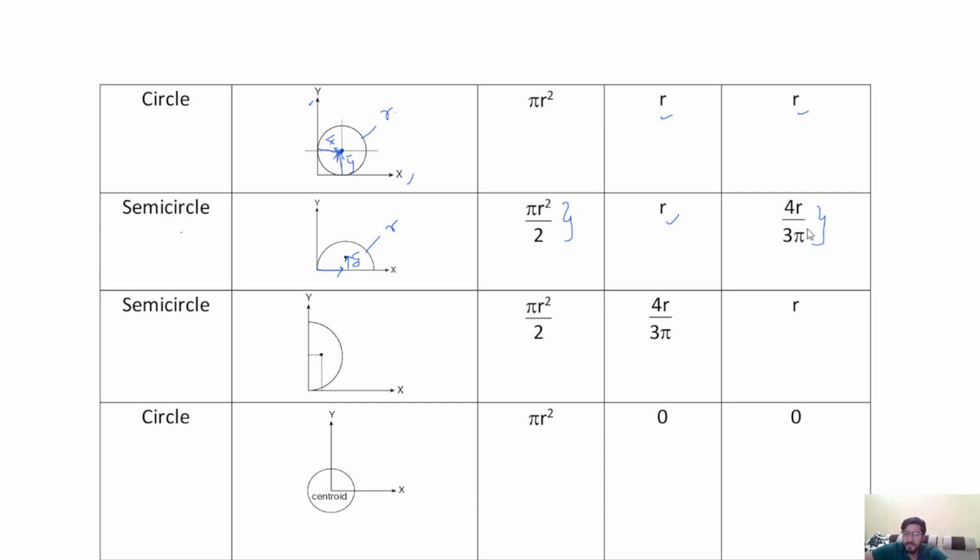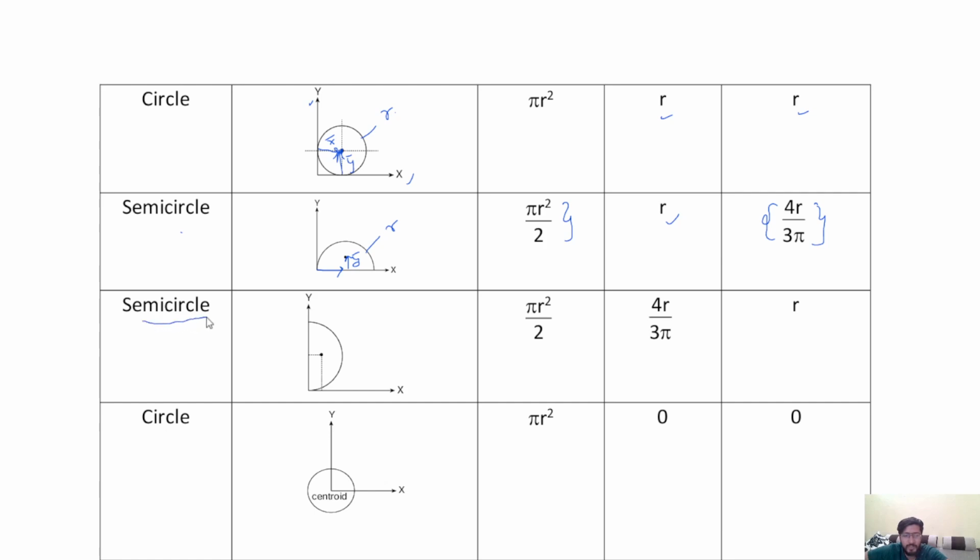This 4r by 3 pi is first derived from the integration method, and the value of 4r by 3 pi is always the same. That means the centroid of a geometrical figure is always the same, so this formula is applicable in the practical field. This is the standard formula of this standard figure. That's why we remember this formula for application.